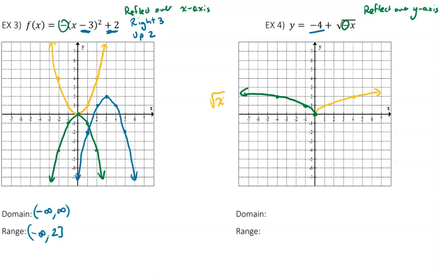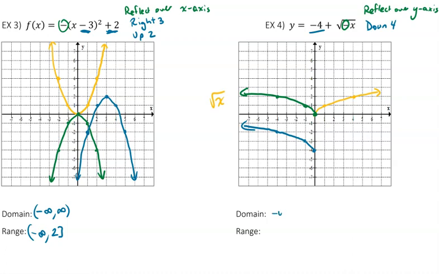All right, last thing that happens to it, we have a minus 4, so that is down 4. If we move all of these down 4, we end up with it right here.